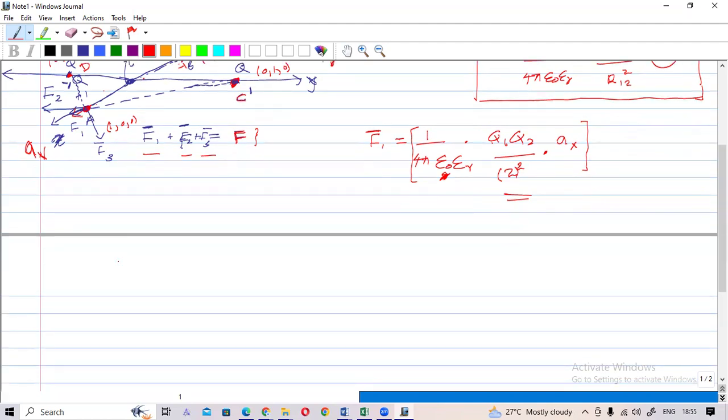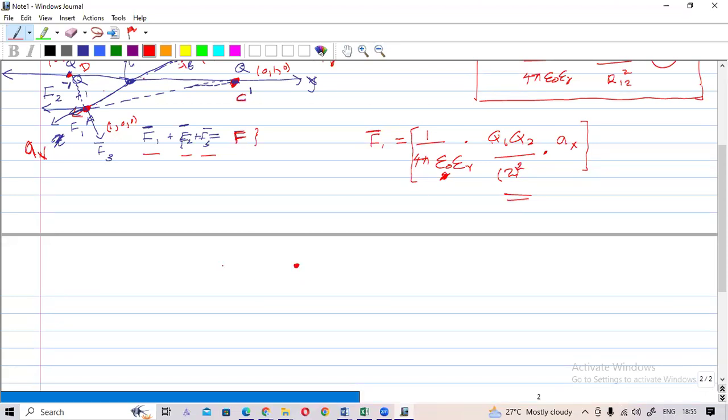So I will write it here. So you have one charge here. So this is the origin. From the origin you have one charge. So that is Q. Wait a minute.